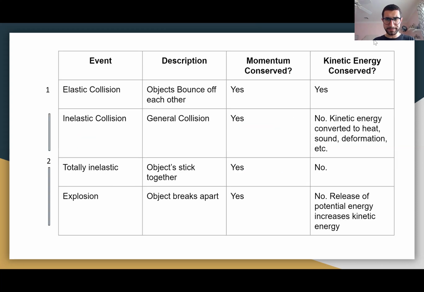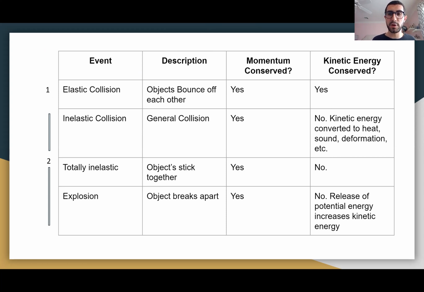So let's summarize. We have two main different types of collisions. We have elastic collisions and inelastic collisions. In elastic collisions, momentum is conserved and kinetic energy is also conserved. And in inelastic collisions, momentum is conserved, but kinetic energy is not.